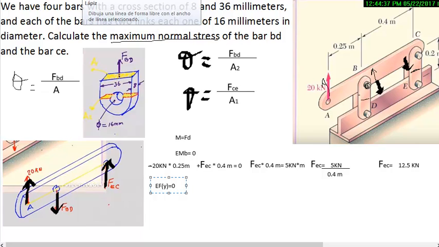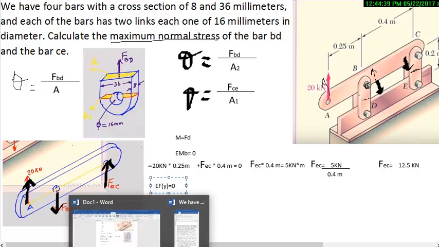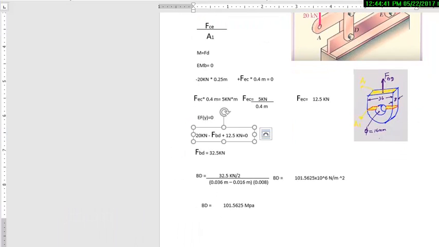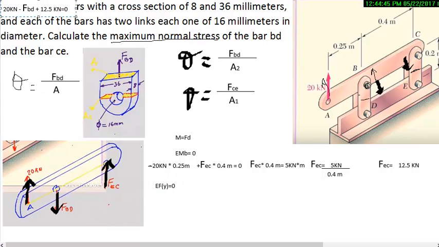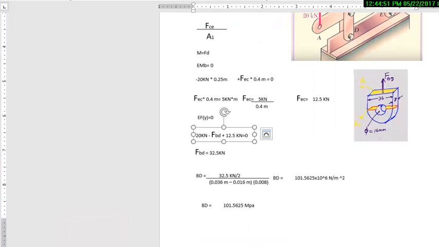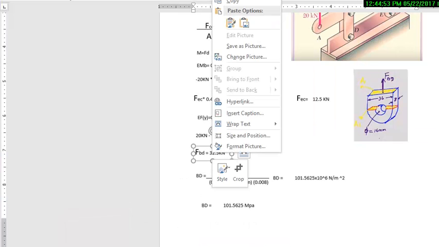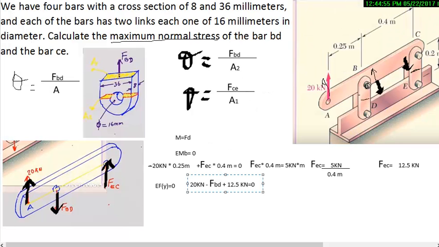Now, what is missing? The force FBD. Then we should sum forces: 20 kilonewtons minus FBD plus 12.5 kilonewtons equals 0. FCE equals 12.5.